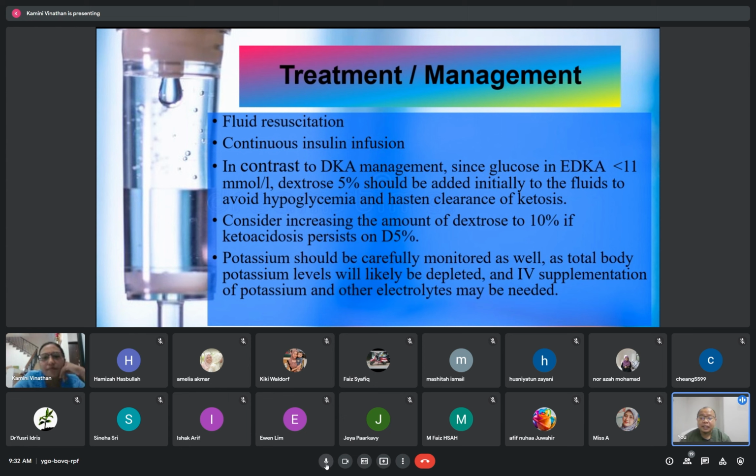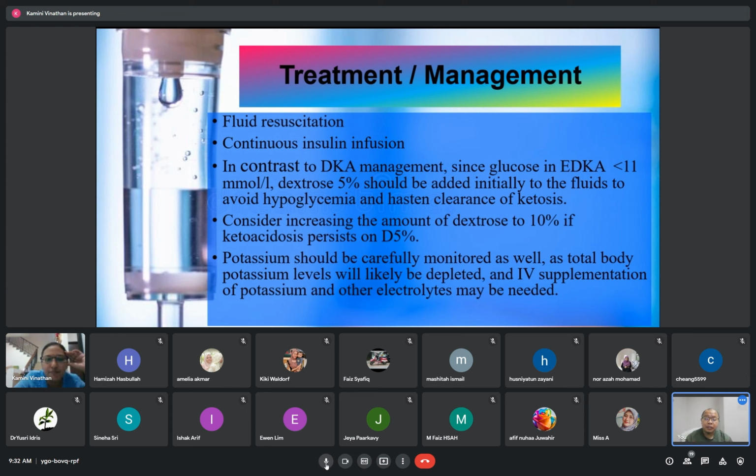But we start the insulin infusion along with D5 infusion, like DKA where the sugar has fallen below 15, below 12. In patients whose sugar has fallen below 15 or 12 or whatever, we do not stop the insulin.